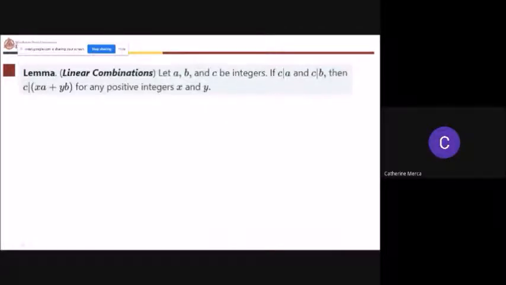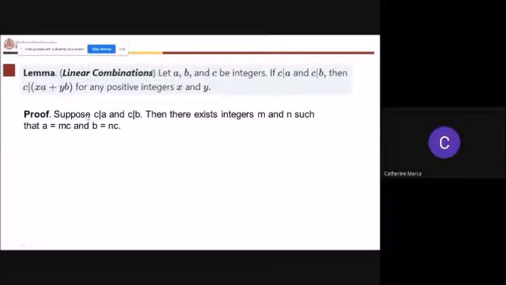The linear combination lemma says that if a, b, and c are integers, and if c divides a and c divides b, then for any integers x and y, c divides the linear combination xa plus yb. And how do we prove that?